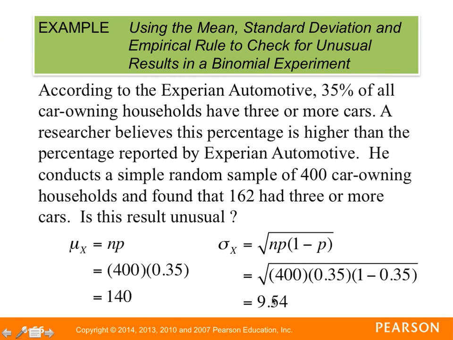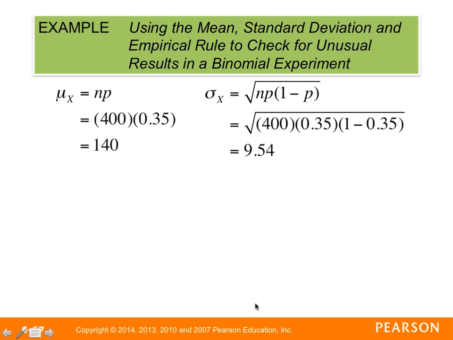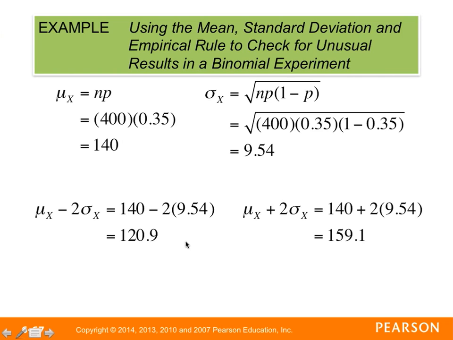So if we look at the standard deviation that we had calculated, it was 9.54, and we obtained that by taking our 400 times our probability of success times 1 minus our probability of success, and then taking the square root. So we get 9.54 for that. And then if we actually put this together, mu minus 2 sigma is going to be found by taking our 140 minus 2 times the standard deviation, and we get 120.9.